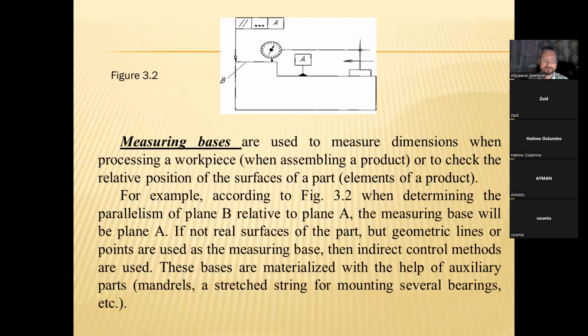For example, according to figure 3.2, when determining the parallelism of plane B relative to plane A, this is plane A. The measuring base will be plane A. This is a measuring base.